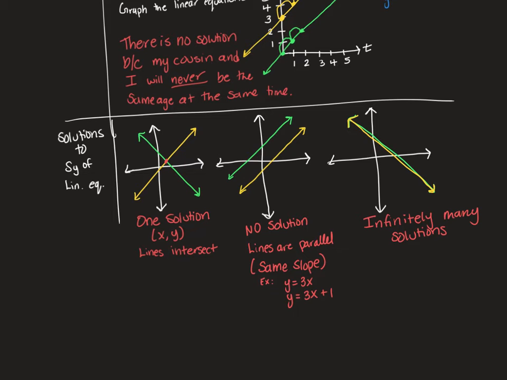So there's, oops, let's just undo that. There we go. So there's one solution, no solution, infinitely many solutions. And this is when the lines are the same.